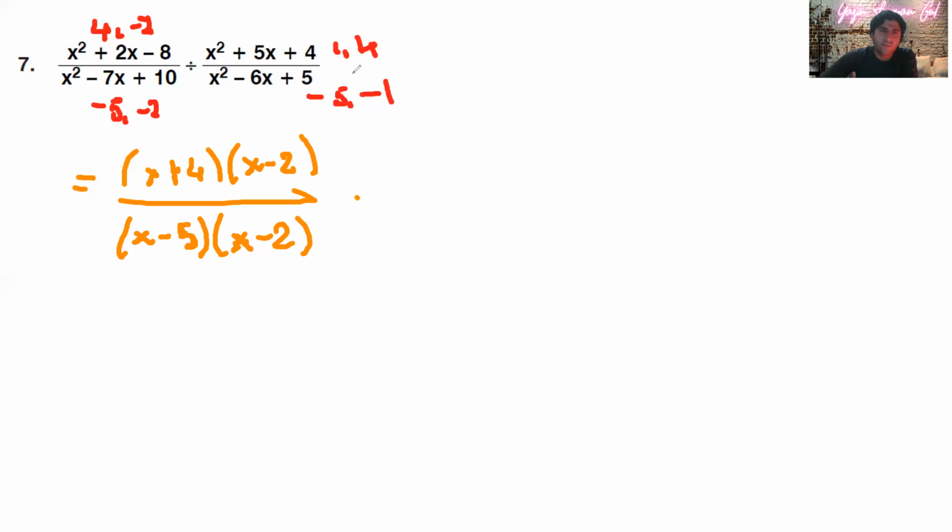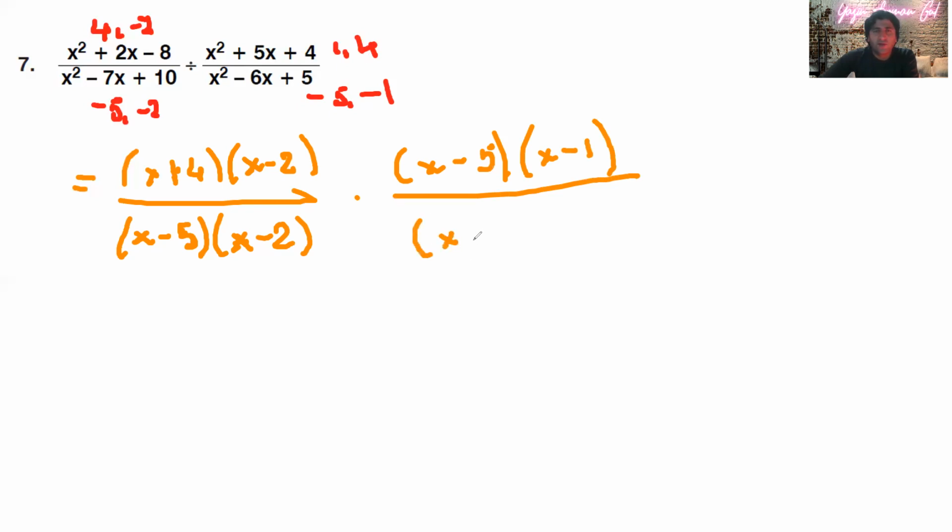So it's going to be x minus 5 times x minus 1, divided by, this is going to come down, x plus 1 times x plus 4.